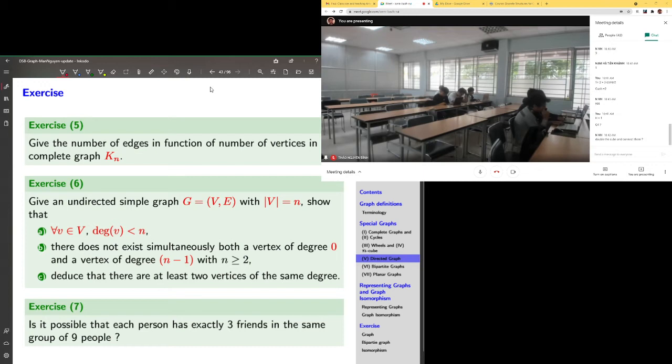So this is a practical problem. There are the arguments, the questions you have to prove. You have to model this problem by a graph.